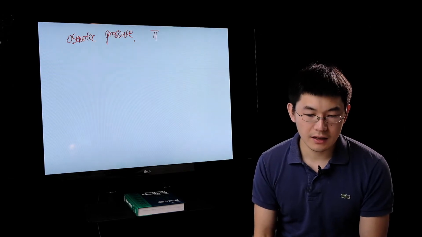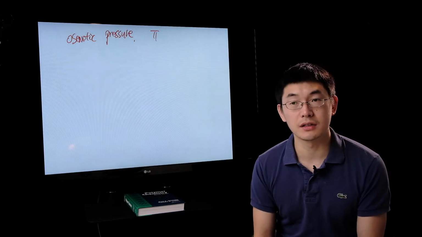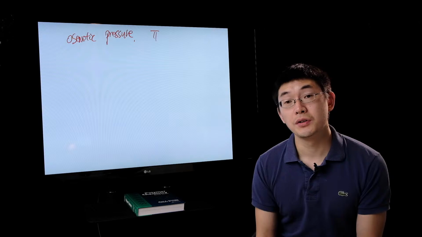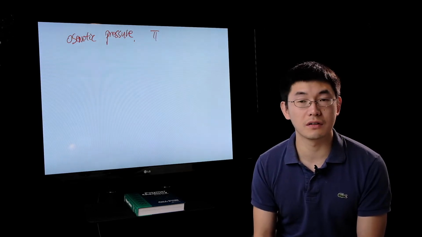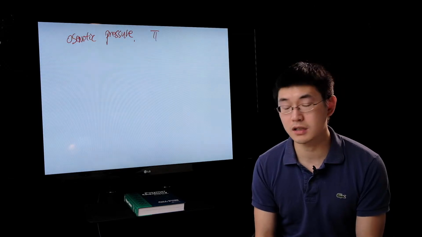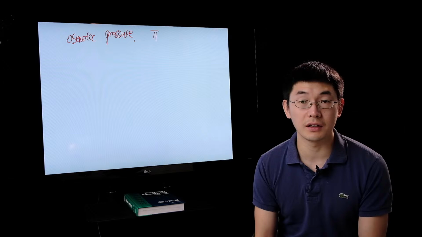And this can be used to great advantage by polymer scientists. And in the lecture, using the free energy approach, we discussed how we can use the osmotic pressure to understand polymer molecular behavior.